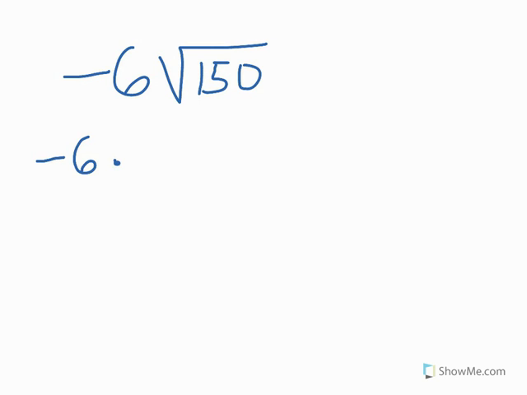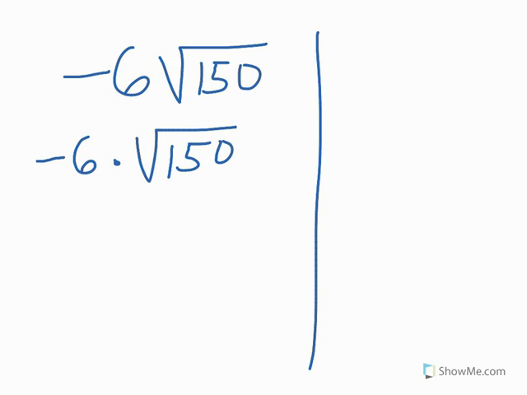What if we have negative 6 square root of 150? This will be negative 6 times the square root of 150. From the way we now use 1, 4, 9, 16, 25, we stop at 25 because 25 can divide 150, and it's 25 and 6.